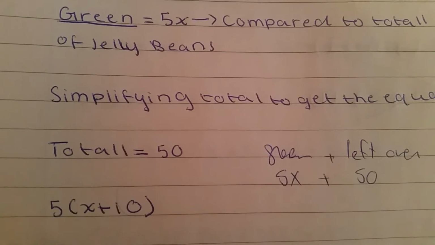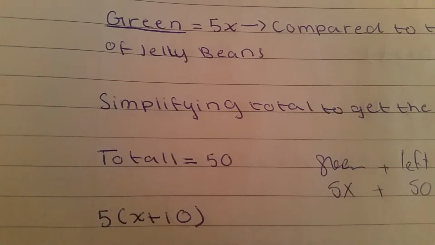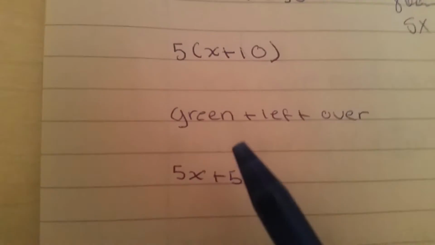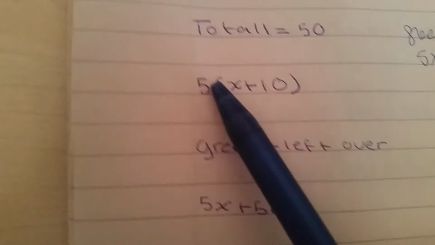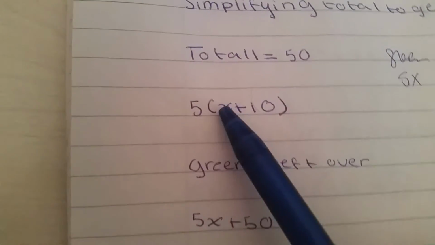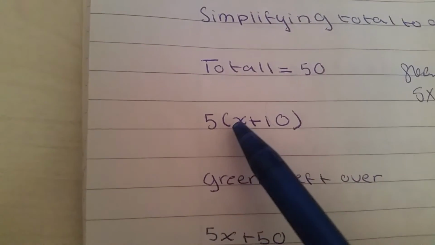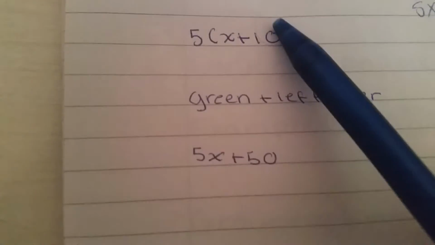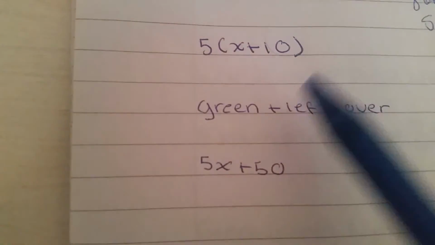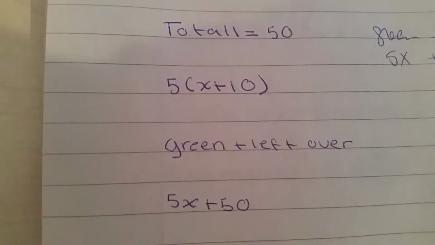So you would write it as the green jelly beans plus the leftover, the remainder. So you'd write it as an equation as 5 multiplied by (x plus 10), which would make 5x plus 50. So 5x plus the total amount, 5 greens plus the total amount.